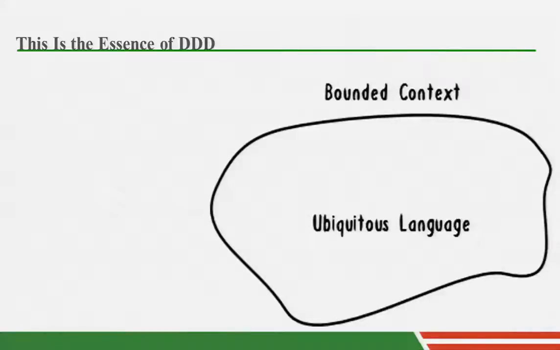You have a bounded context, and a bounded context is, at a 30,000 foot view, where your domain model lives. And this domain model is not an enterprise model. It's not an all-encompassing model of the business.